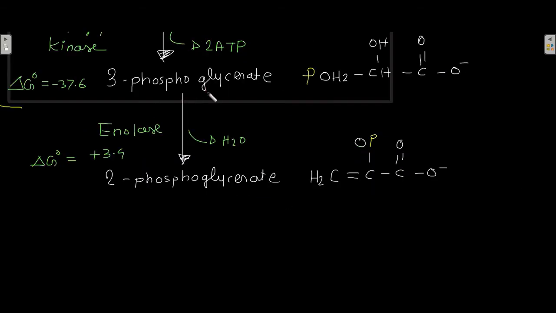In the next step, 3-phosphoglycerate is converted into 2-phosphoglycerate, and that is how the structure is changing. This is your 2-phosphoglycerate. Then 2-phosphoglycerate is converted into phosphoenolpyruvate.